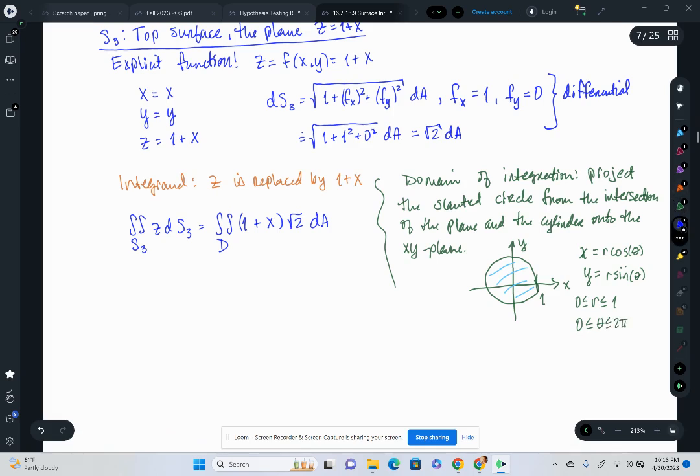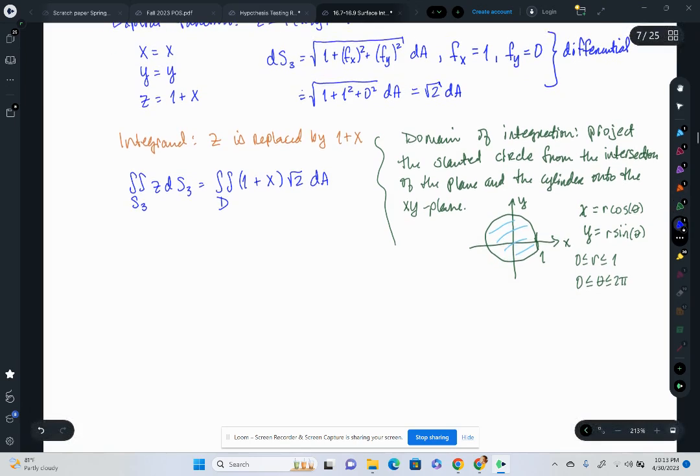Okay, so I can go ahead and pop all this into my integral. Now I'm looking at the double integral, 0 to 2 pi, 0 to 1, square root of 2, 1 plus r cosine of theta, and then from the dA, I have r dr d theta.